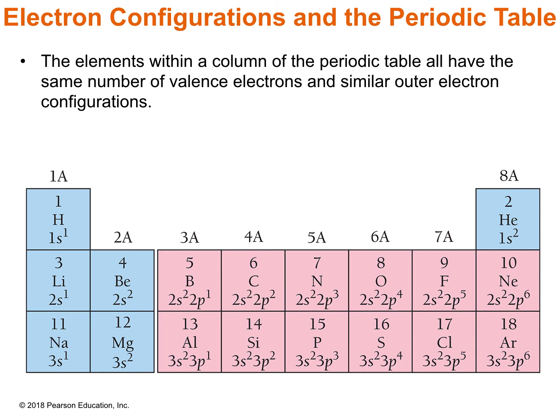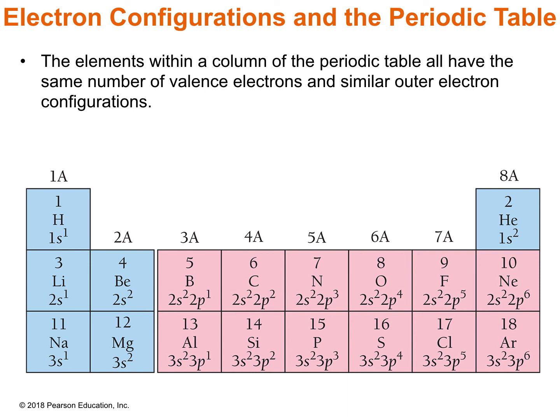So, electron configurations in the periodic table. We can see some kind of pattern from the periodic table when we are looking at valence electrons. The elements within a column of the periodic table all have the same number of valence electrons and similar outer electron configurations.